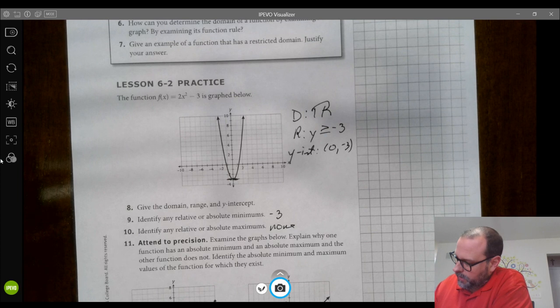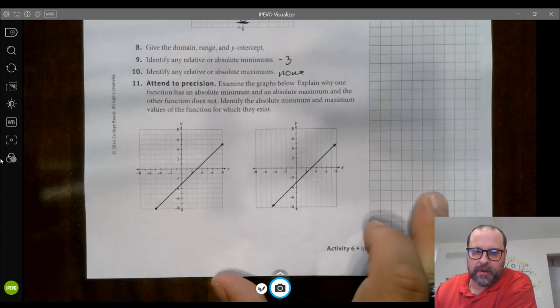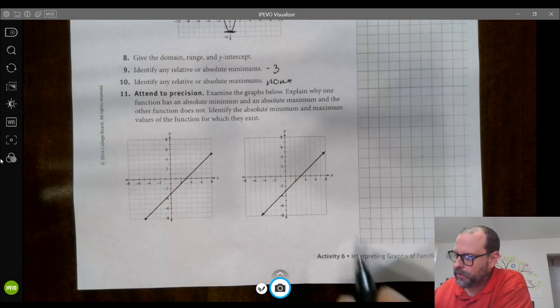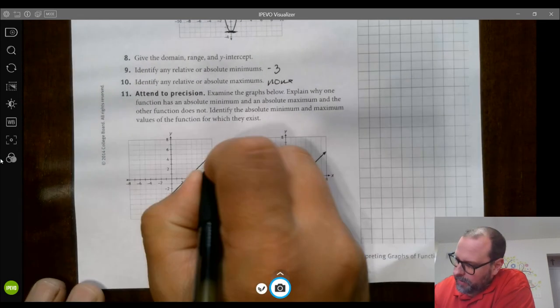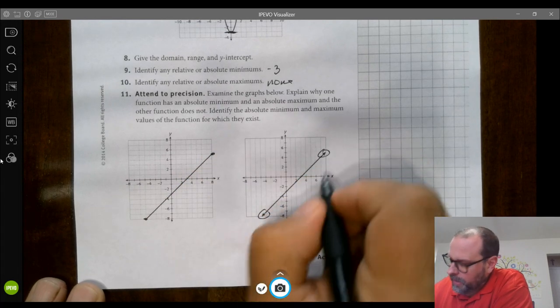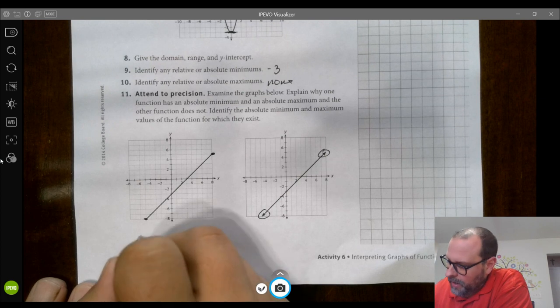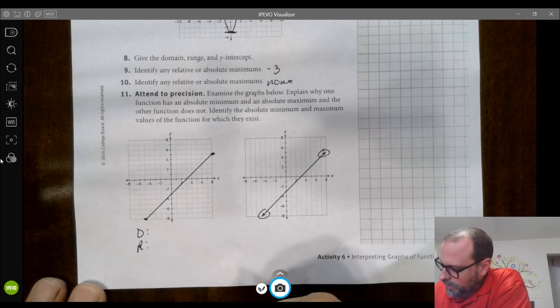All right, last one we want to look at, even though it talks about explain why one has an absolute min and max and the other doesn't. Well, these have dots, meaning that's a starting and stopping point. These have arrows, meaning it goes on forever. But I want to look at the difference between the domain and range of each of these.